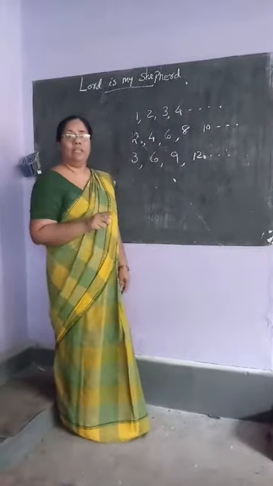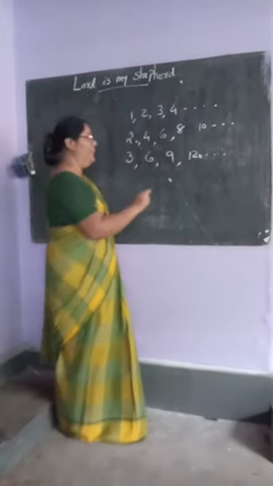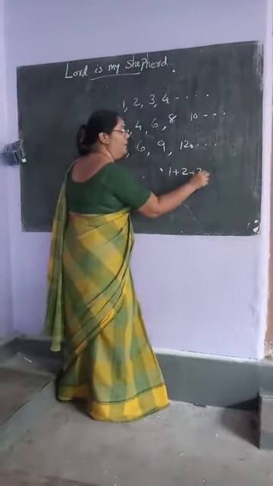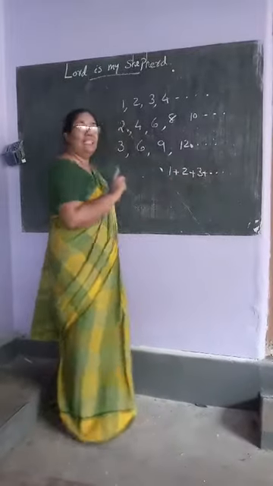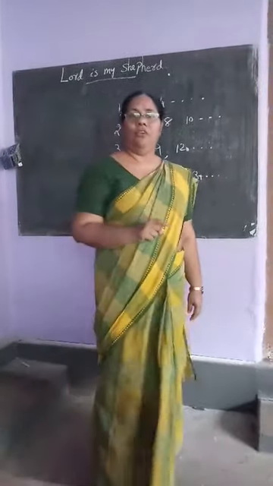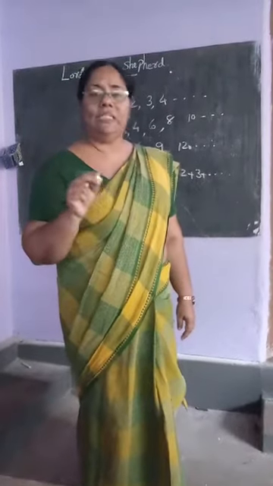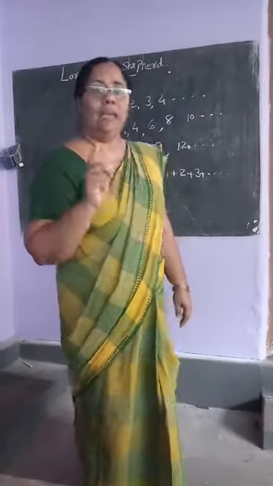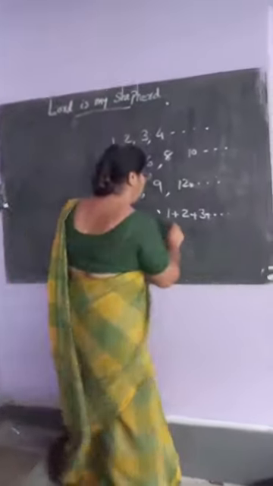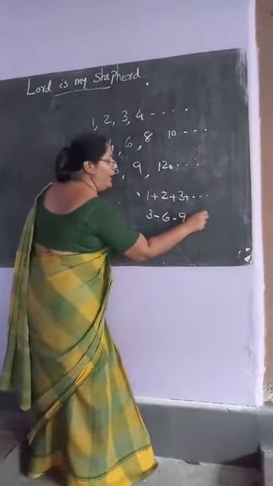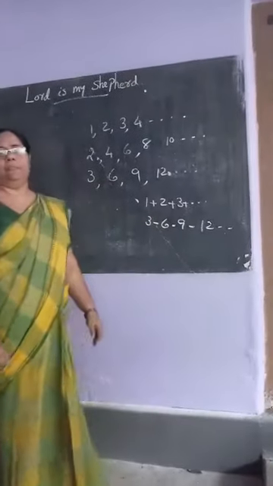Or, if we separate these numbers using plus or minus signs, it is known as a series of numbers. When you separate the numbers using commas, it is a sequence, and if you separate them using plus or minus signs, it is a series of numbers.